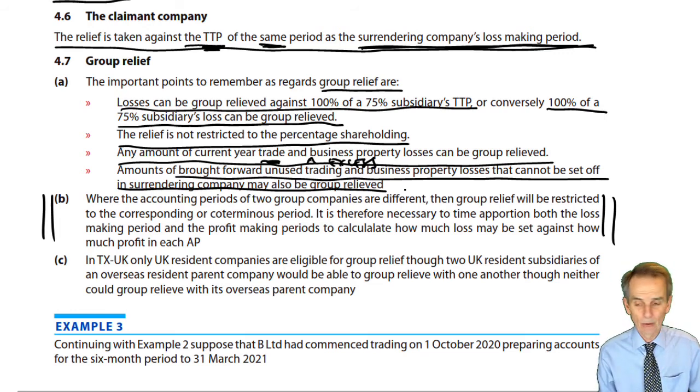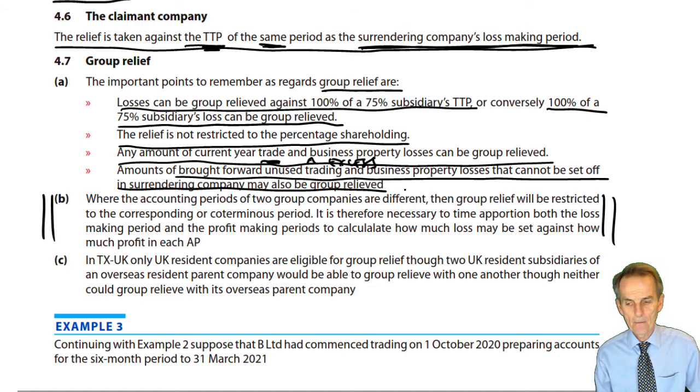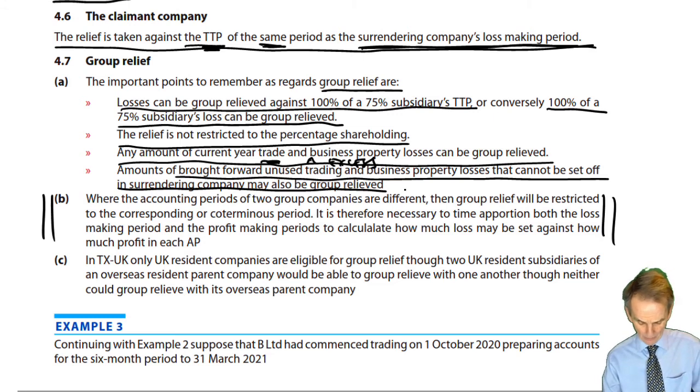It's quite possible that again, exam questions could be very straightforward in the context of who can group relieve with whom and the amount of loss and the amount of profit that are able to be set off. But it is equally possible that some of these more awkward situations may arise. Most awkward there would be the brought forward losses that we're talking in terms of now being eligible for group relief this period.